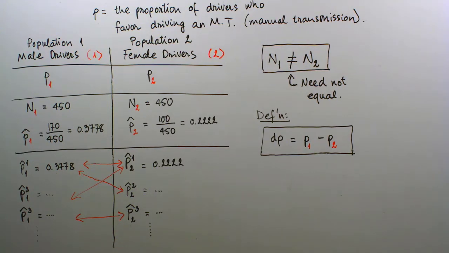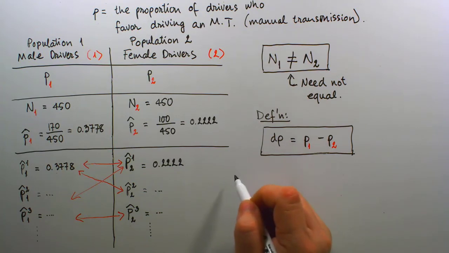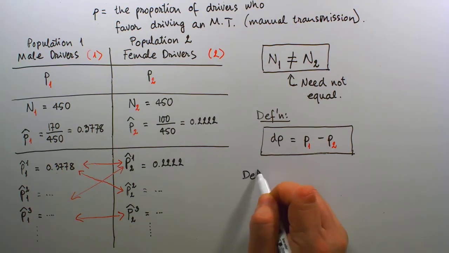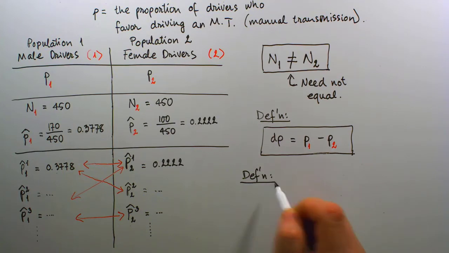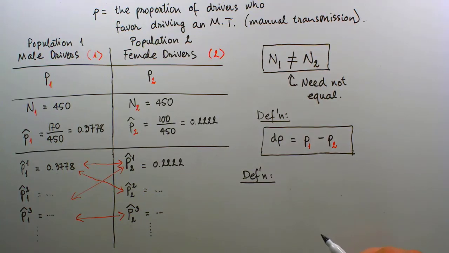So after that explanation, here we come to another definition, getting ourselves ready for the real problem in comparing two population proportions. The next definition I'm about to point out is that, right out from what I have described here in the situation, we can always pick a sample proportion from population 1 minus the similar sample value from population 2.